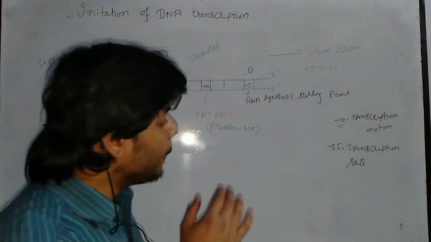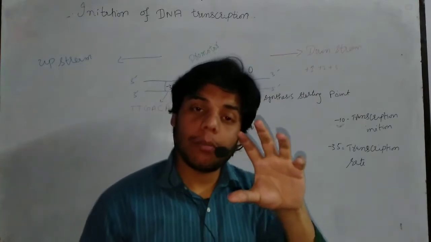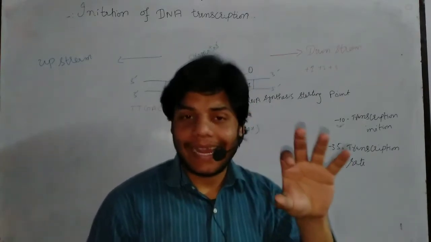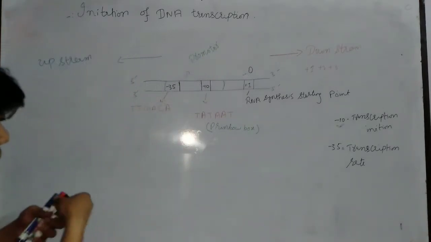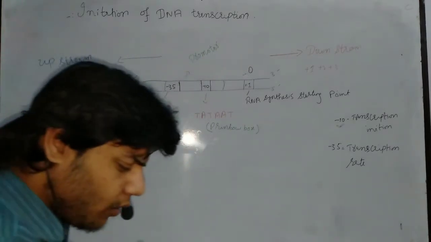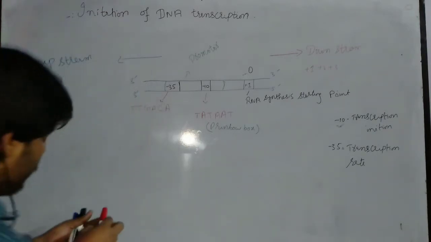Now remember, at the promoter region, the RNA polymerase should bind tightly. So we have RNA polymerase 2. Here I'm again not drawing the exact structure of the RNA polymerase, but somehow it will look like this form.